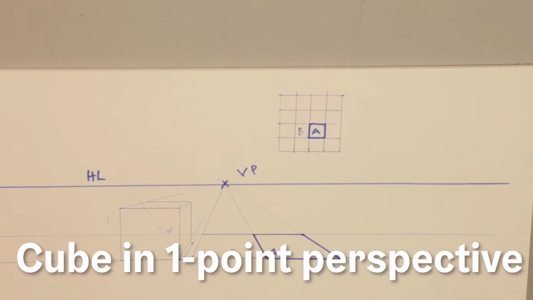I'll draw horizontal lines from square A to define a few more squares.